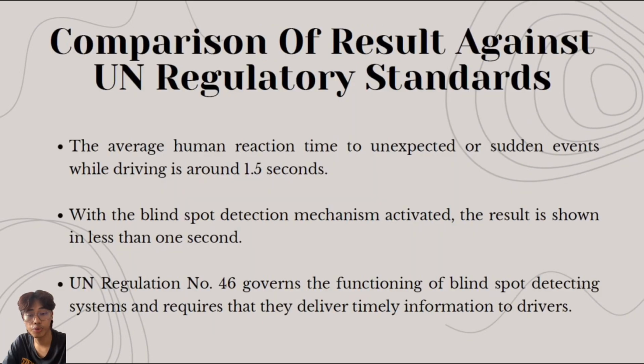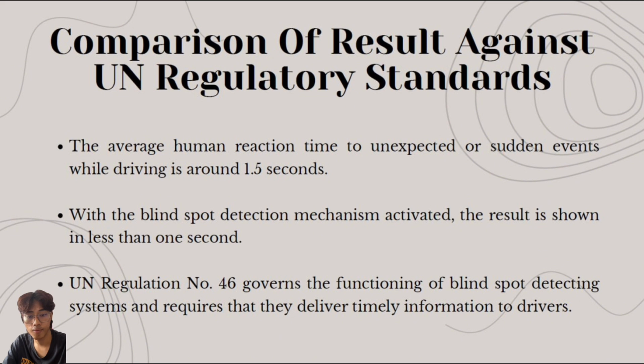We are going to do a comparison between the UN regulation and the reaction times that we recorded during the lab experiment. For the UN regulation, the expected time for the driver to notice the blind spot detection indicator must be less than 1.5 seconds.